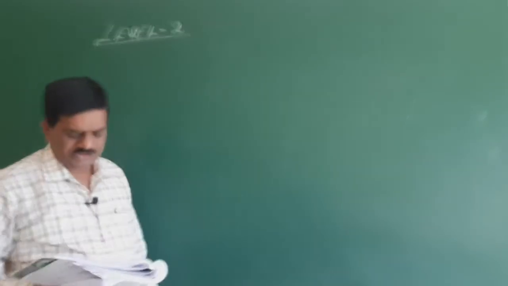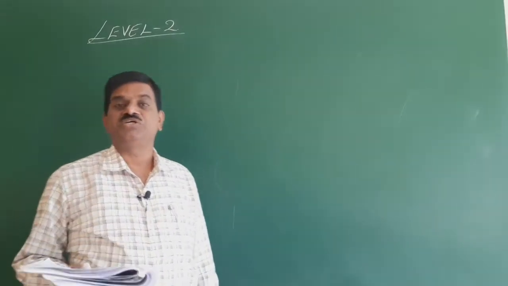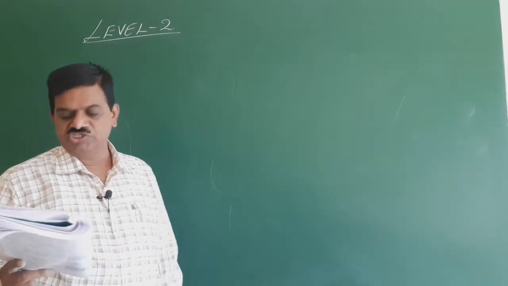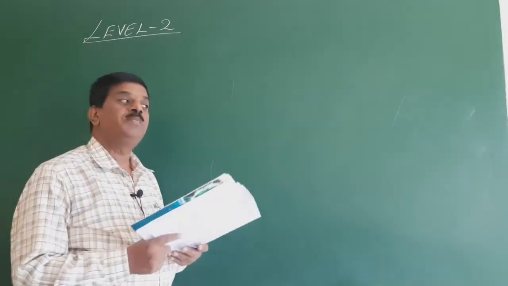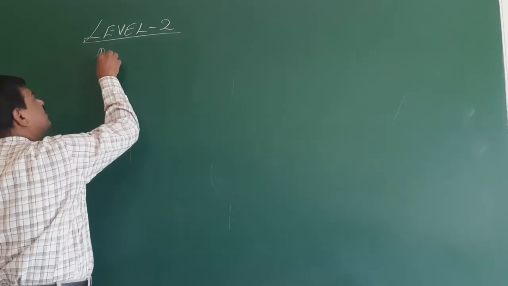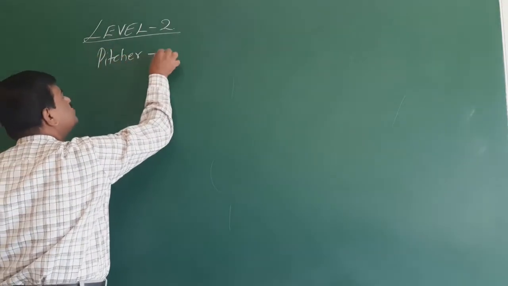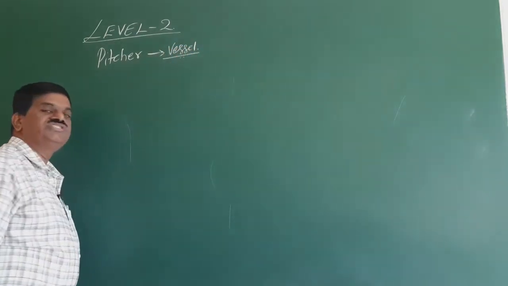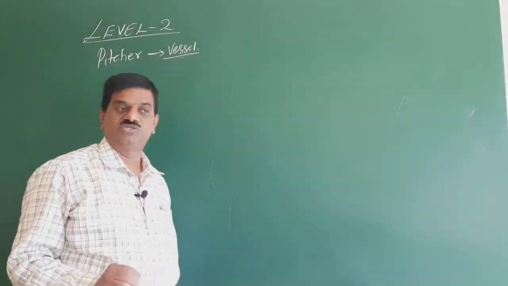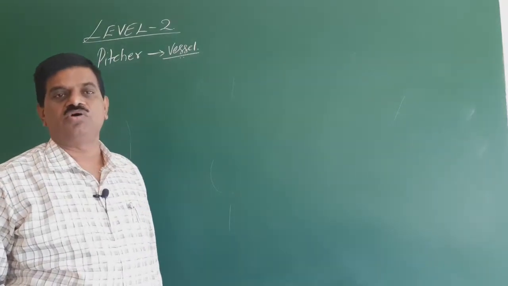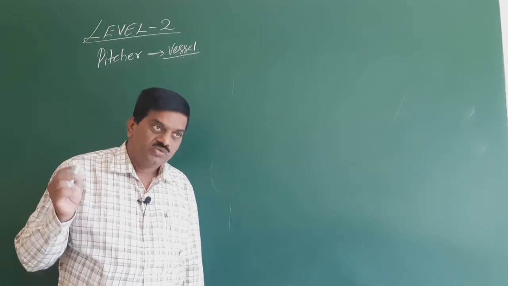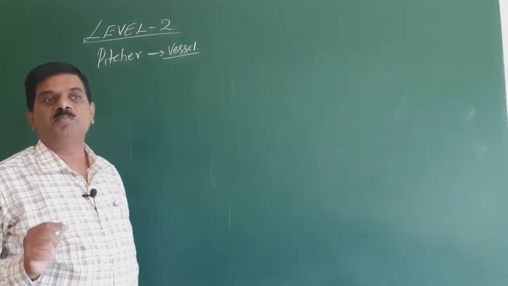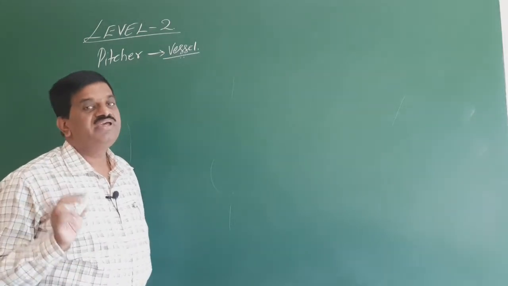So we go for the next question: pitcher is found in. We know that the word pitcher is nothing but vessel. Pitcher means vessel. So this can be noticed in the insectivorous plants, and insectivorous is also called carnivorous, because the leaf parts are modified for capturing insects.